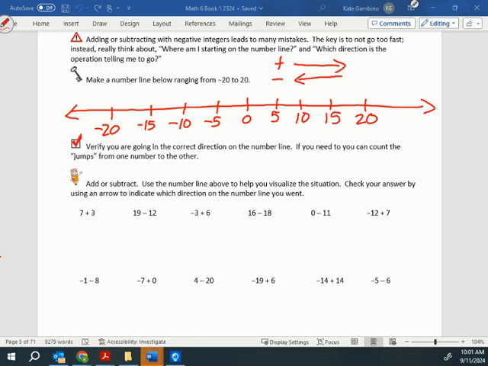If you need to count all of your jumps, don't do the skip count. So if we need to count each number, we could do 2, 3, 4, 6, 7, 8, 9, 10, 11, 12, 13, 14, 15, 16, 17, 18, 19. So this would be negative 1, negative 2, negative 3, negative 4.